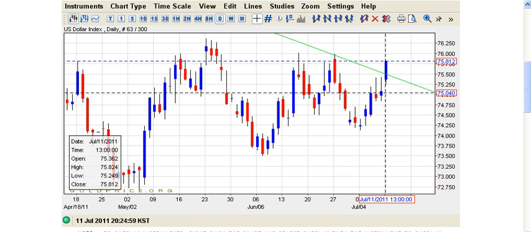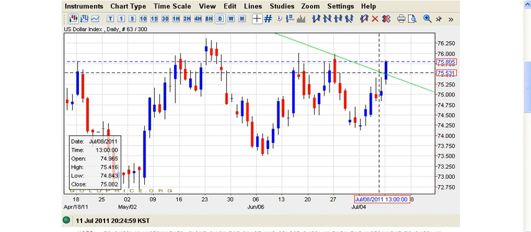However, the opening price was substantially higher in basis points at 75.36, slightly over 30 basis points from its closing price.